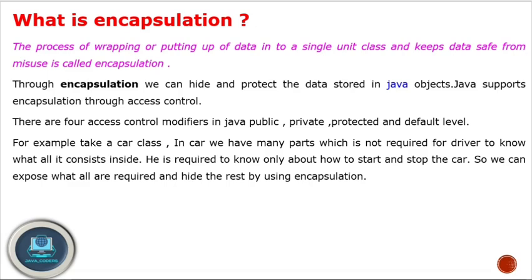For example, take a car class. In a car, we have many parts, and it is not required for the driver to know what all it consists of inside. He is required to know only how to start and stop the car. So we can expose what is required and hide the rest using encapsulation.